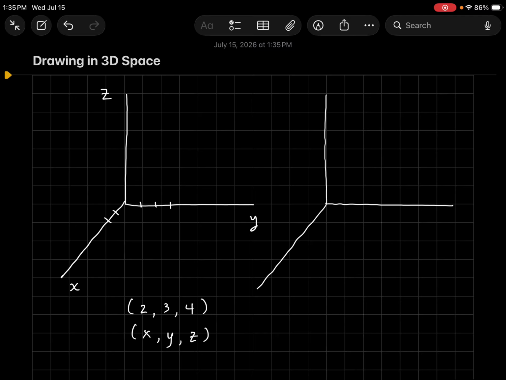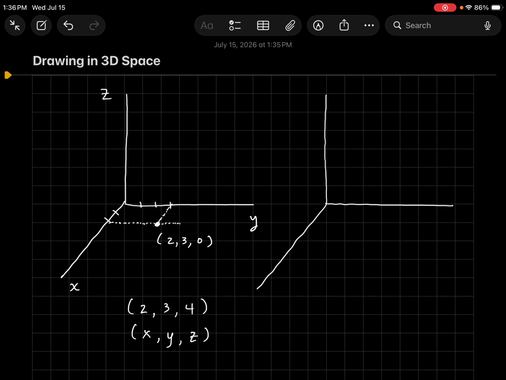So if I want to draw the point (2, 3) in the xy plane, I'm going to go parallel down the y-axis, and then I'll draw another dashed line parallel to the x-axis. And where they meet would be the point (2, 3, 0), or (2, 3) in the xy plane.